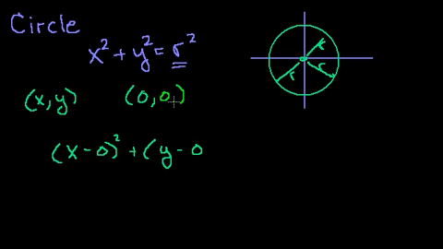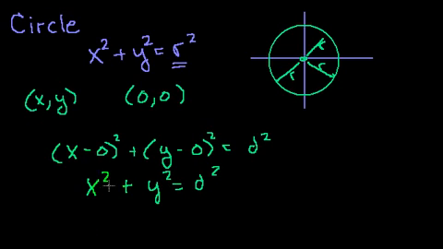So that's one y point minus 0 y. Square that. And that is equal to the distance squared. So if you simplify this, x minus 0 squared, well, that's just x squared plus, and this is just y squared, is equal to distance squared.